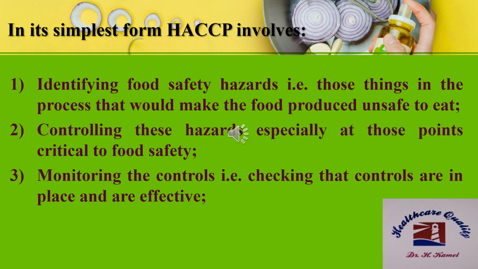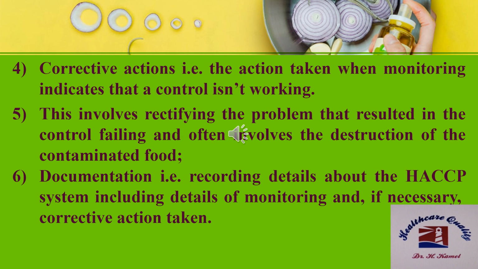In its simplest form, HACCP involves: 1. Identifying food safety hazards. That's to say, those things in the process that would make the food produced unsafe to eat. 2. Controlling these hazards, especially at those points critical to food safety. 3. Monitoring the controls. That's to say, checking that controls are in place and are effective. 4.